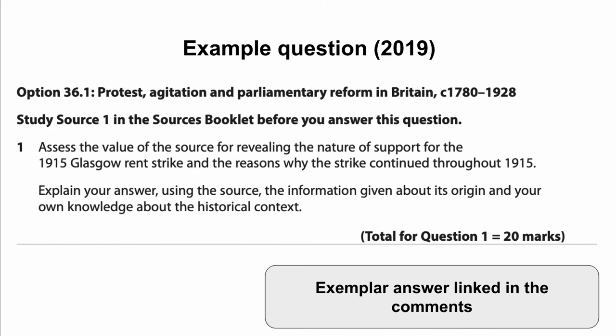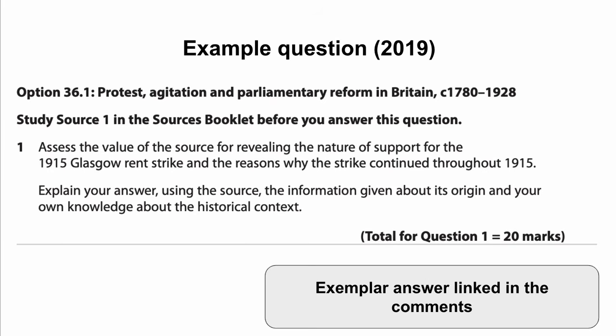So here's an example question, just to highlight how these questions look. This is from option 36.1, which is protest, agitation, parliamentary reform in Britain, 1780 to 1928. So the question is, assess the value of the source for revealing the nature of support for the 1915 Glasgow rent strike and the reasons why the strike continued throughout 1915.